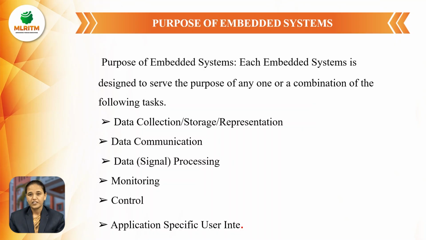The next one is data communication. Communication is also one of the major purposes of embedded systems. The next one is data signaling, then controlling and monitoring. The last one is application specific user interface.